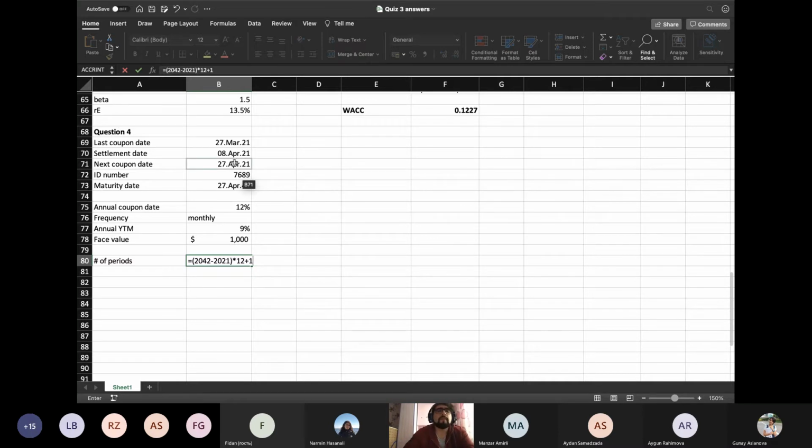Because we are finding period difference between next coupon date and maturity date. But besides that, we also have the difference between last coupon date and next coupon date. Therefore, after multiplying by 12, we are adding 1 period, 1 month, because there is 1 month difference between last coupon date and next coupon date. 253.